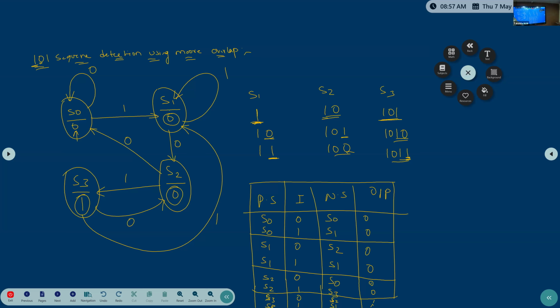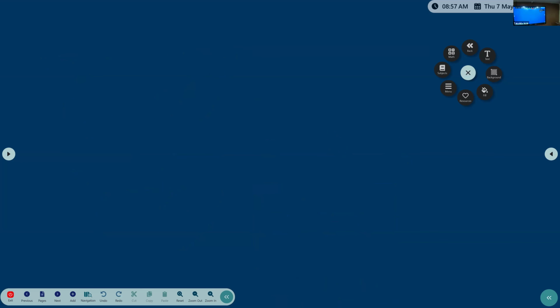This one you need to convert next into the binary table. So how will we convert this into the binary table? It's simple. Present state, input I, next state, output. Present state you can represent as Q2, Q1.